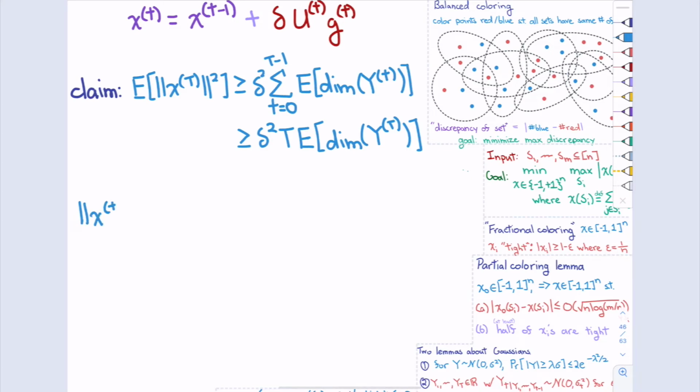So let's look at this, right? So this was taking the previous vector and adding this sort of Gaussian thingy.